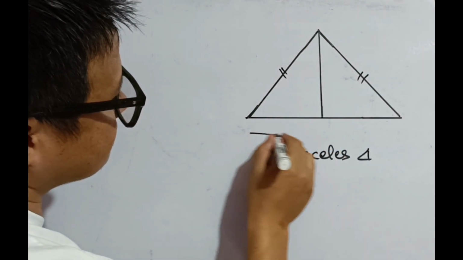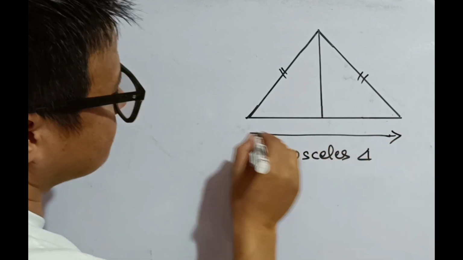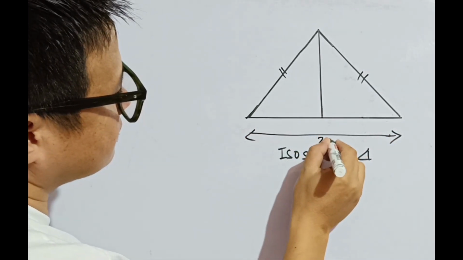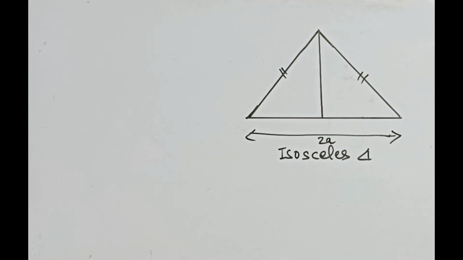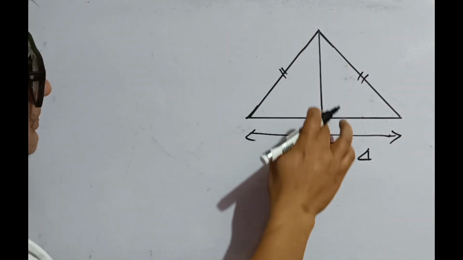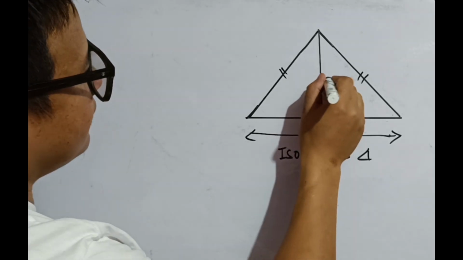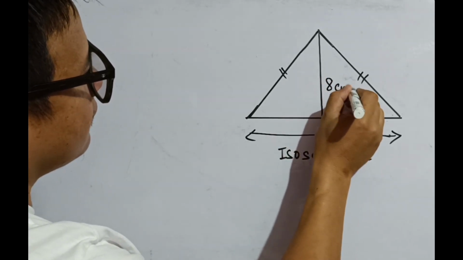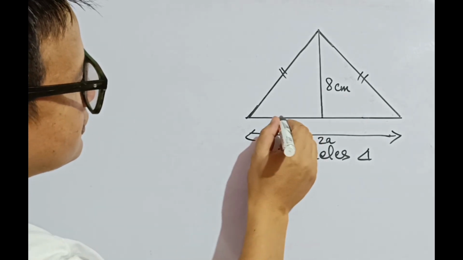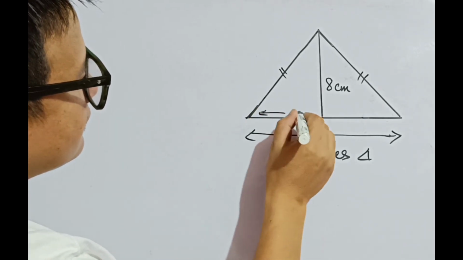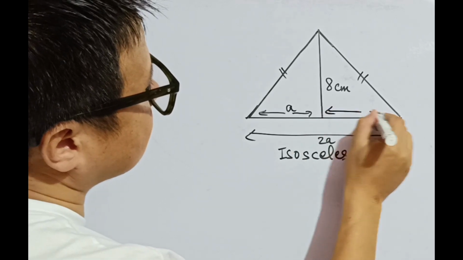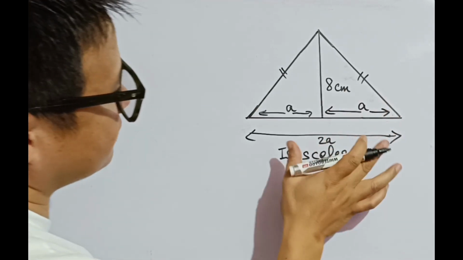Let us consider the length of this base to be 2a, and now this is the given altitude, and this altitude divides the base of the triangle into two equal parts, and suppose this side is a, and then the right hand side is also a.